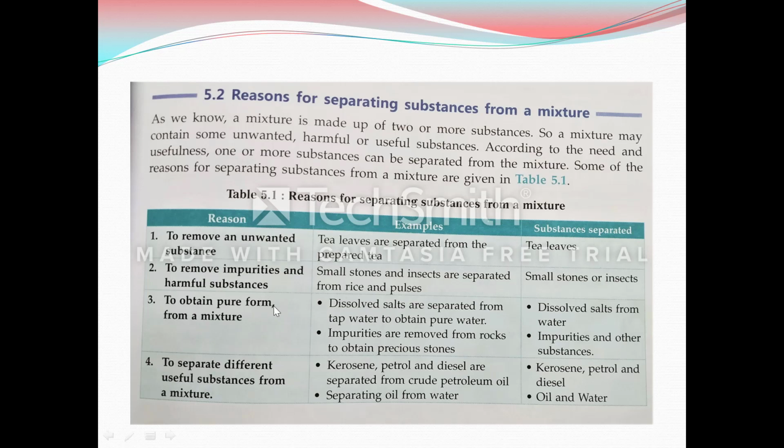Third, to obtain pure form from a mixture. Examples, dissolved salts are separated from tap water to obtain pure water. Second, impurities are removed from rocks to obtain precious stones. Here, the substance separated from water is dissolved salts.